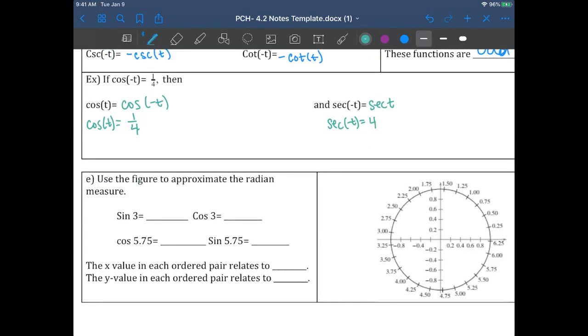All right, lastly, here's a little radian measure. We're going to look at the sine of 3 radians. So I'm going to look at on the circle, opening up to 3 right here. So I have an angle that moves from our x-axis to 3.